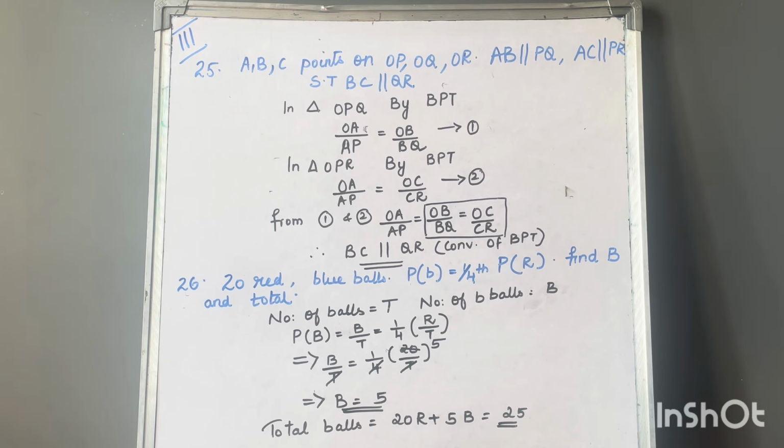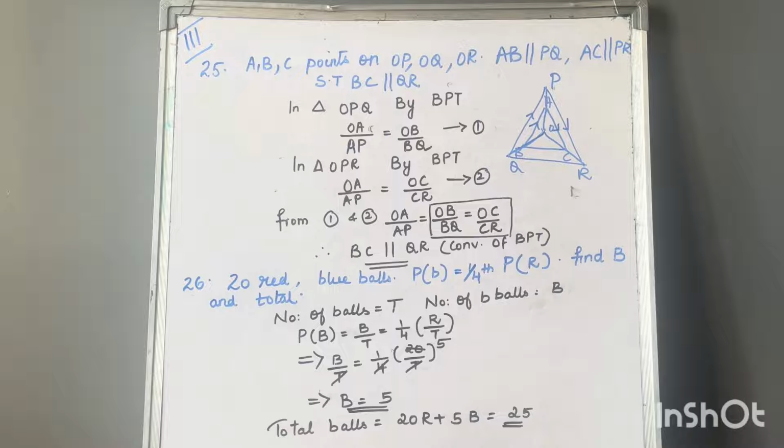So here they have given that A, B, C are points on OP, OQ and OR respectively. AB is parallel to PQ, AC is parallel to PR. We have to show that BC is parallel to QR.